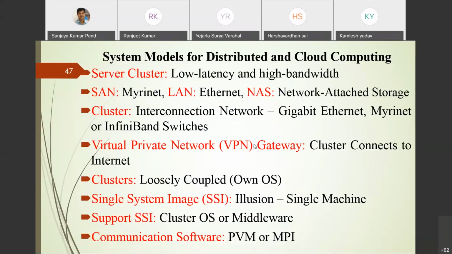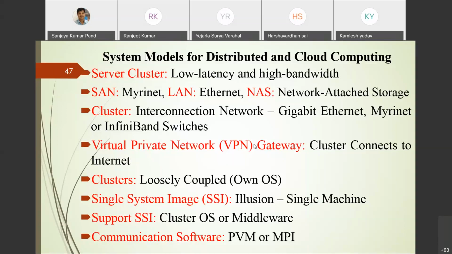If data centers are deployed in various parts of the world, then there is a high latency, not low latency, high latency. If they are close to each other, then there should be a low latency. So what is our requirement? Our requirement is low latency and high bandwidth. If bandwidth is high, then one node can easily communicate with another node, and latency will be minimized, which is done by your server cluster.